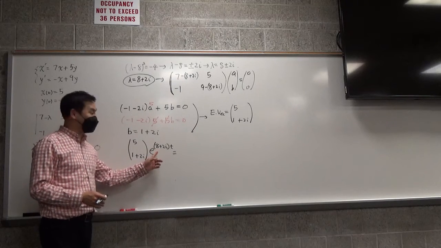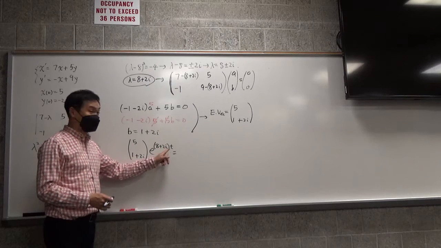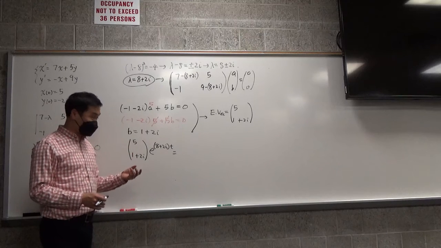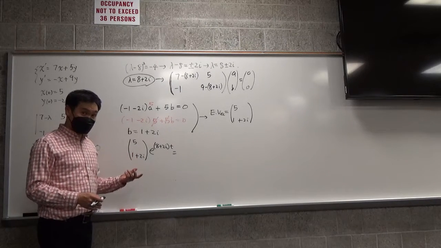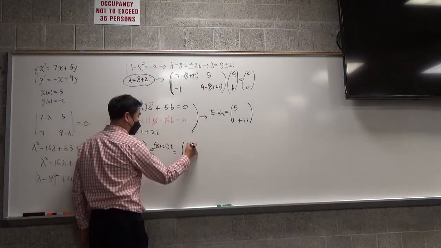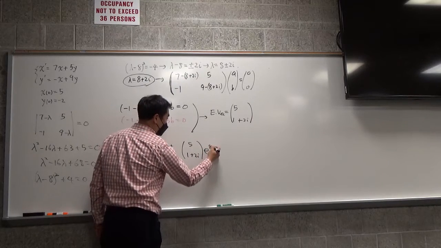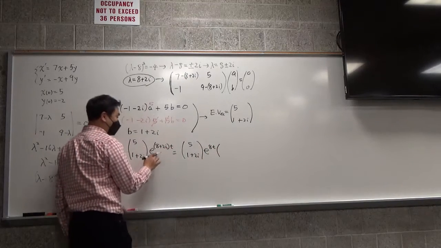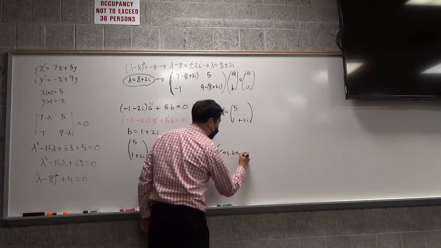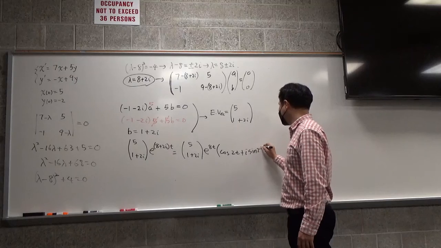I'm not going to write all the details out, but this is e to the 8t times e to the i times 2t. And the second part, e to the i times 2t, can be transformed using the Euler identity. And the result would be the following. 5, 1 plus 2i, e to the 8t times the second part will be cosine 2t plus i times sine 2t.